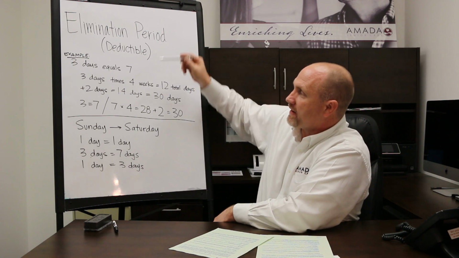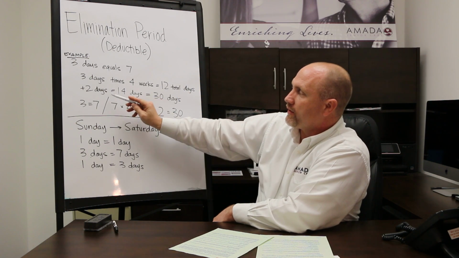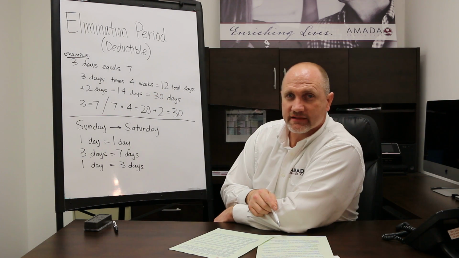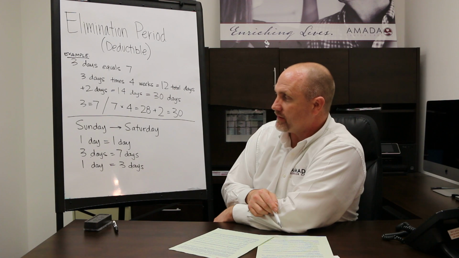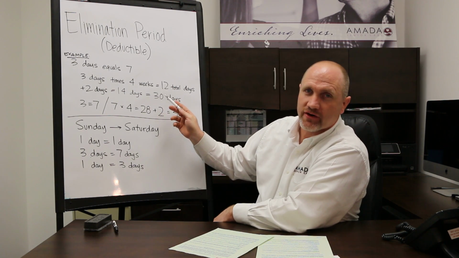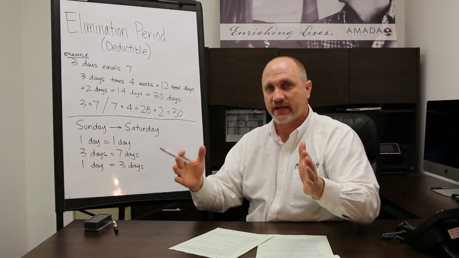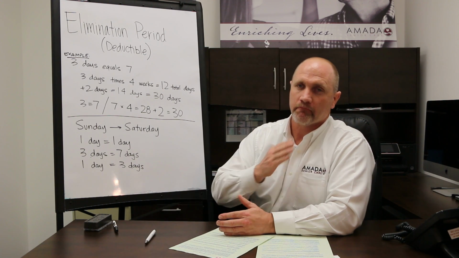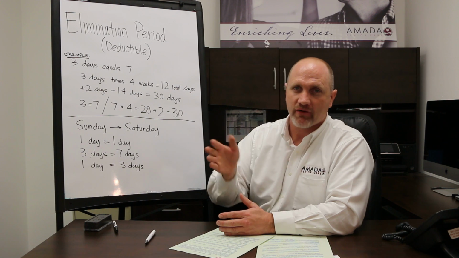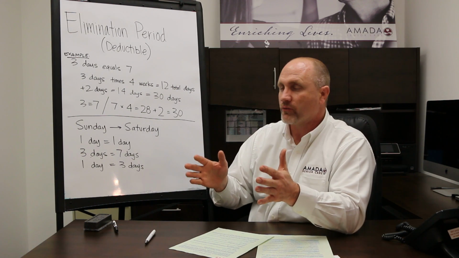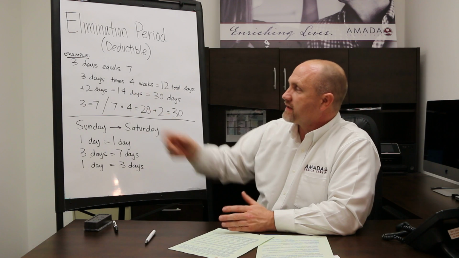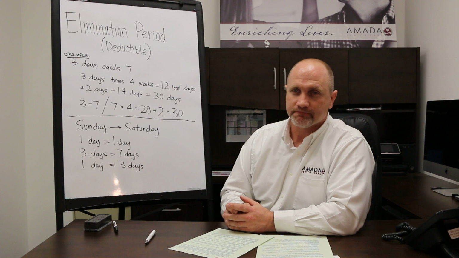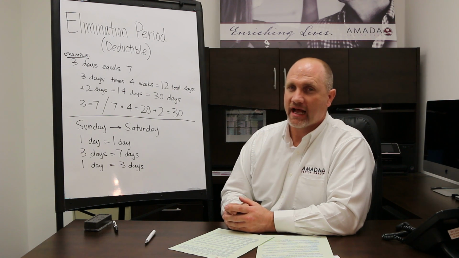So this person that had a 30-day elimination period, we would only be there 14 days. Those 14 days with a 3 days equals 7 would actually count as 30 days. So it still took 30 days to get through the elimination period, but by doing it on a Monday, Wednesday, Friday, or 3 days in a given week over this period of time, which was basically 5 weeks, you satisfied the elimination period with the least amount of money out of your pocket.